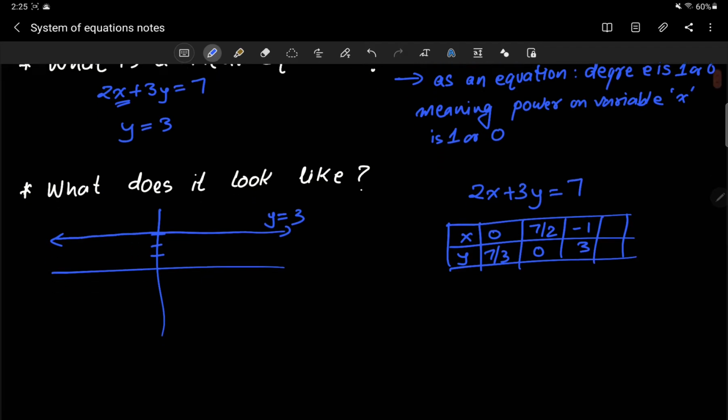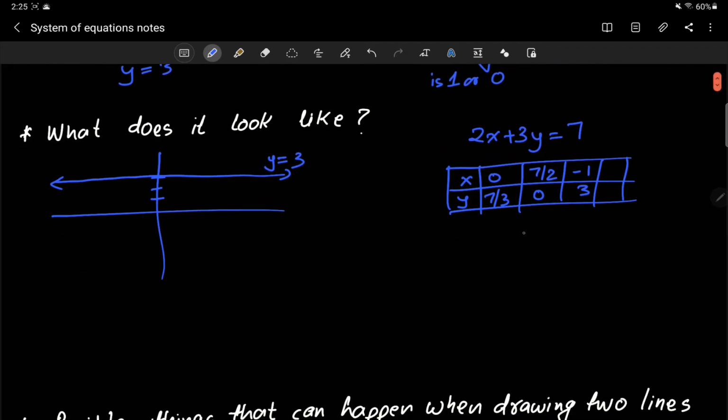You can have a bunch of these values, but two of them are sufficient to draw a line. When x is 0, y is 7/3, which is about here, and when x is 7/2, y is 0. So this comes out to be a straight line.